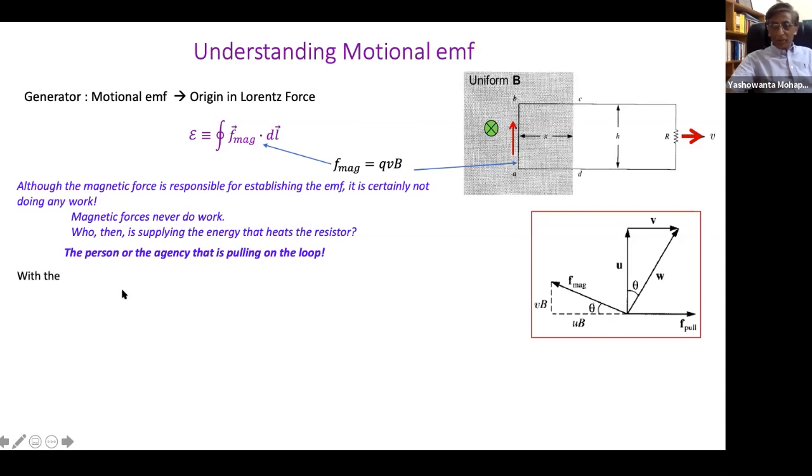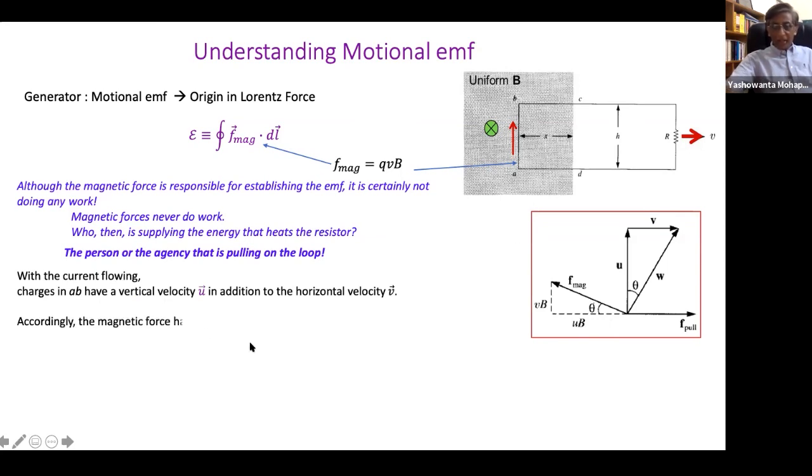All right. So with the current flowing, the charges in AB have a vertical velocity u in addition to the horizontal velocity v. Accordingly, the magnetic force has a component, uv, to the left, per unit charge.